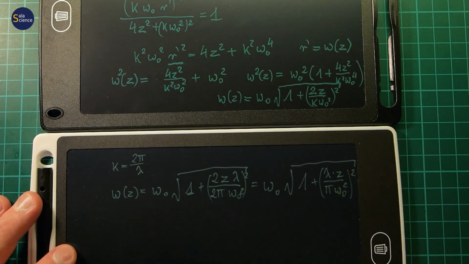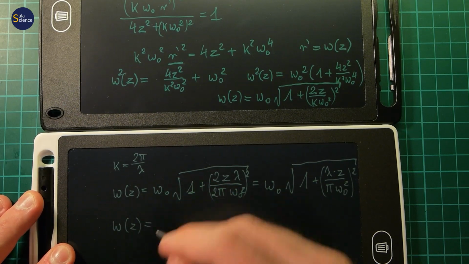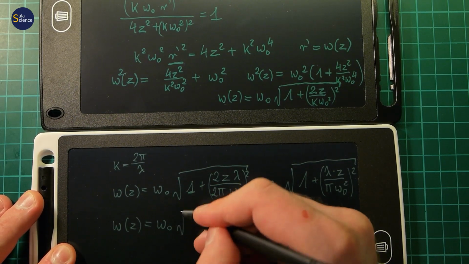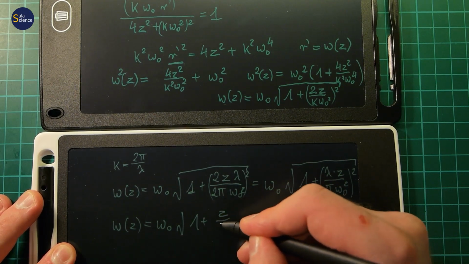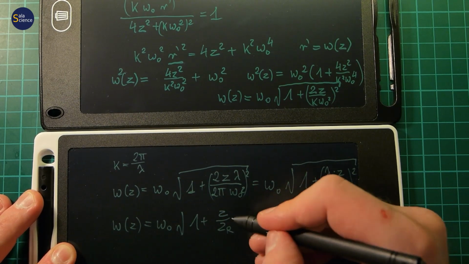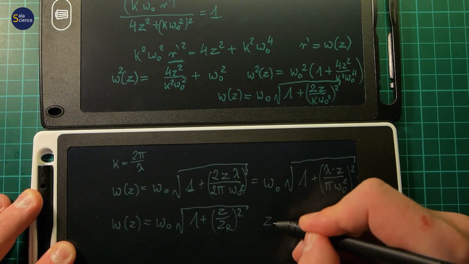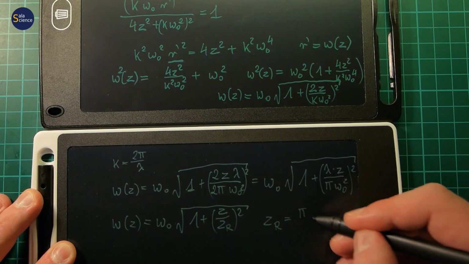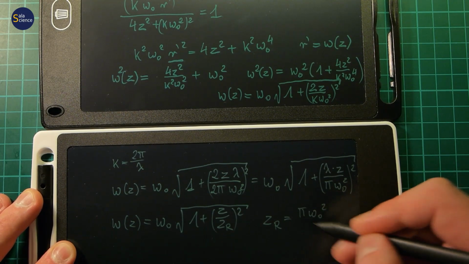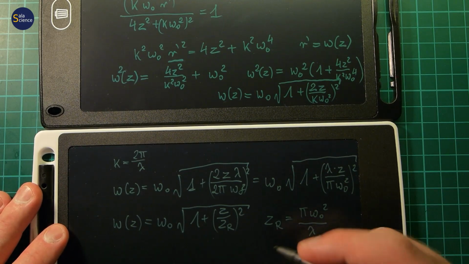Okay. Sometimes this relation is written in the following form: 1 plus z over zr squared, where zr is pi omega naught squared over lambda, and this is called Rayleigh length.